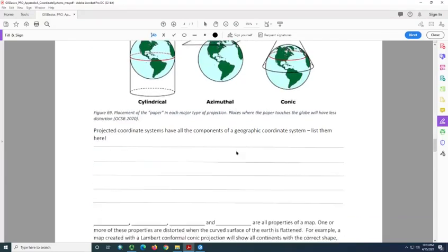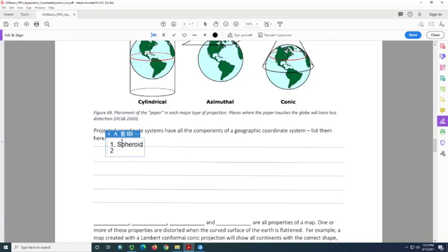So projected coordinate systems have all of the components of a geographic coordinate system. I would love it if you would list those components of a geographic coordinate system here. You can do that before me, or you can wait till after me. But one, they're going to have a spheroid that approximates the shape of the Earth.